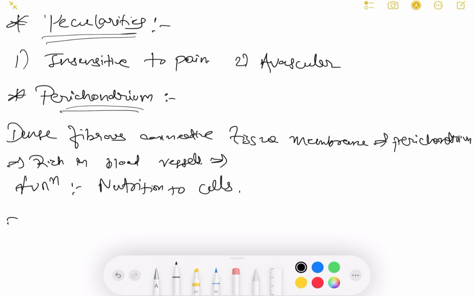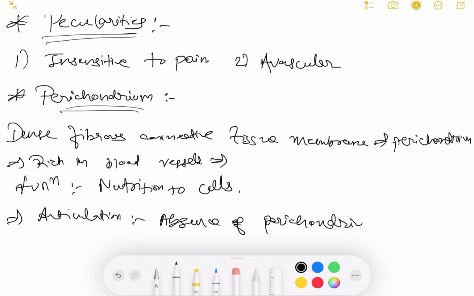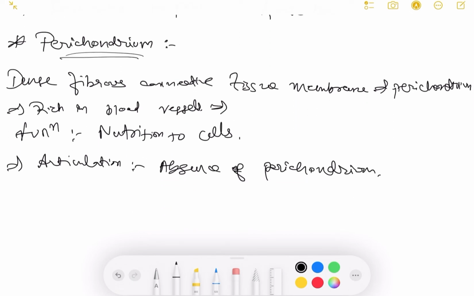Now where there is articulation, meaning joint, there is absence of perichondrium. This is a peculiarity of perichondrium. Remember that where there is a joint, where there is an articulating surface, perichondrium is not present. And perichondrium is made up of two layers.